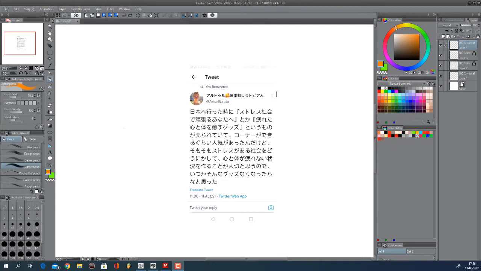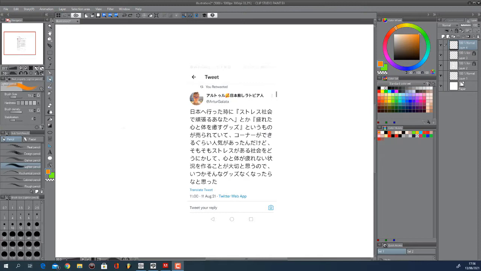Now the thing with Japanese is that the important thing is verbs. Verbs are the important point, almost the important content in a Japanese sentence. So for example, if we look at this sentence, kokoro to karada ga tsukarenai, tsukarenai can be used by itself and it makes perfect sense in Japanese.